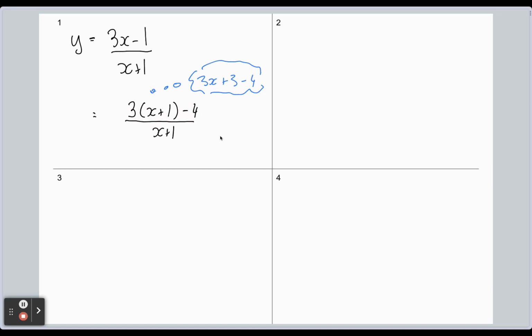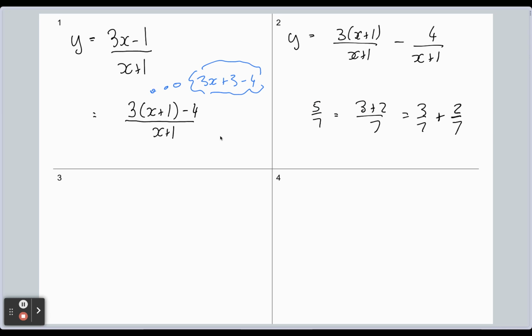And so the next line becomes y is equal to 3 outside of x plus 1 all over x plus 1 minus 4 all over x plus 1. It's just the same as saying that 5 over 7 is equal to 3 plus 2 over 7, which is equal to 3 sevenths plus 2 sevenths. As always, if it works in Numberland, it works with algebra as well, because algebra is just numbers anyway.